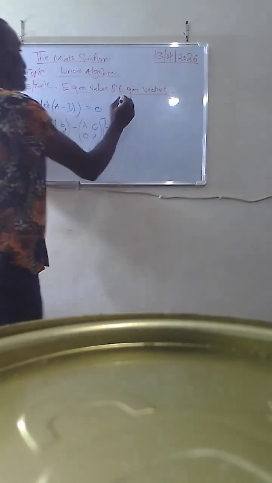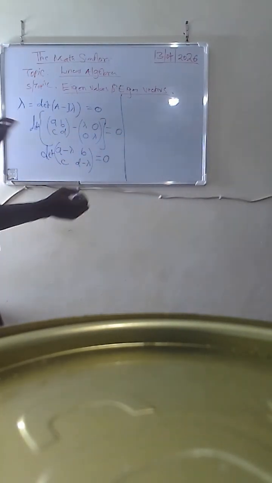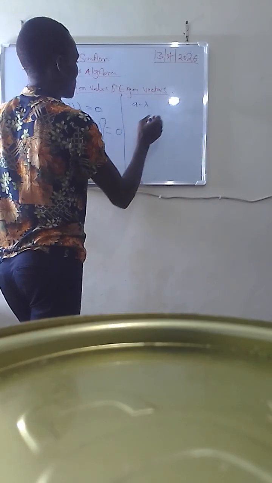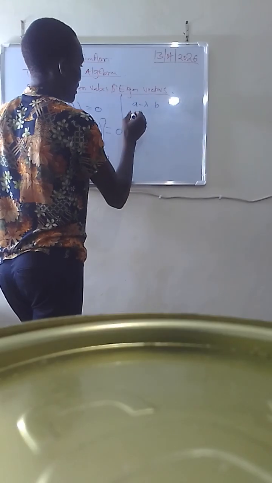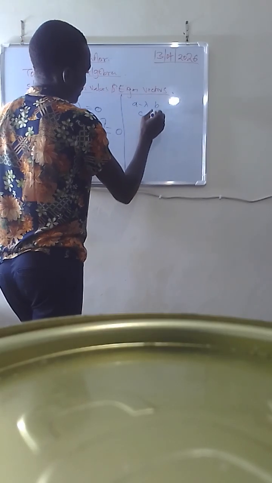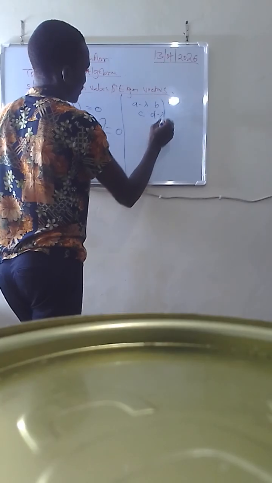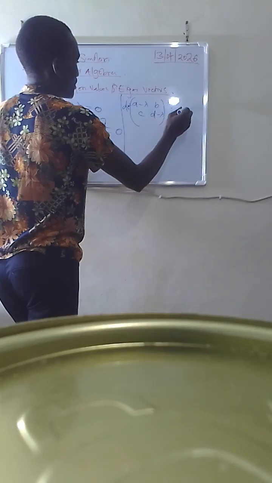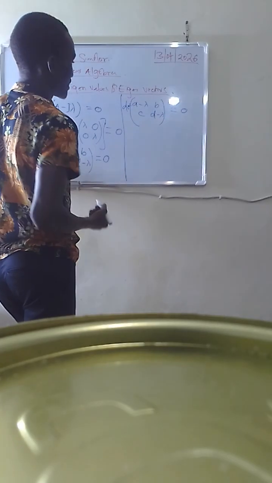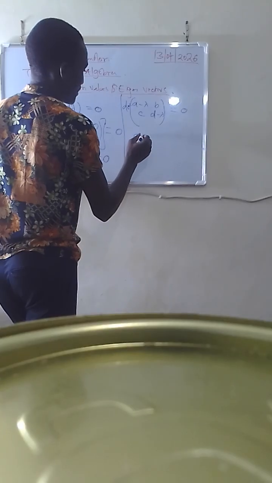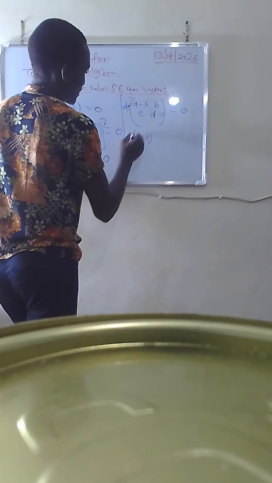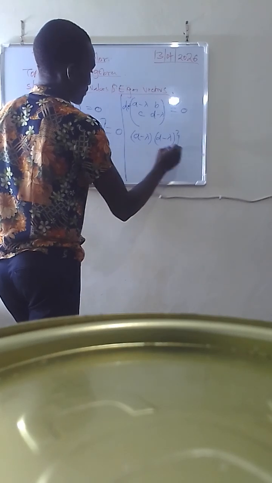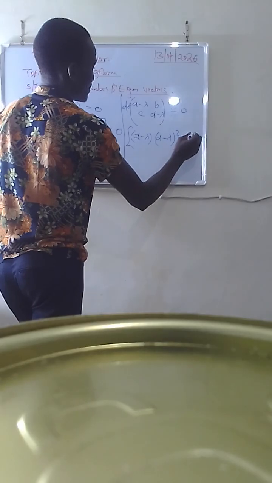After that, we shall have something of this nature: A minus lambda, B, and C, D minus lambda. The determinant of this will be equated to 0. So the determinant is A minus lambda times D minus lambda, all of this minus CB, equals 0.